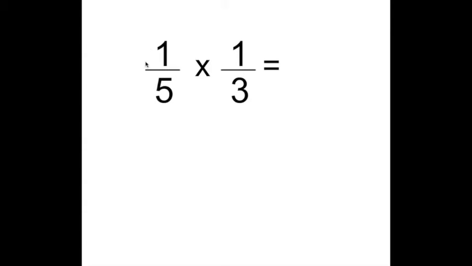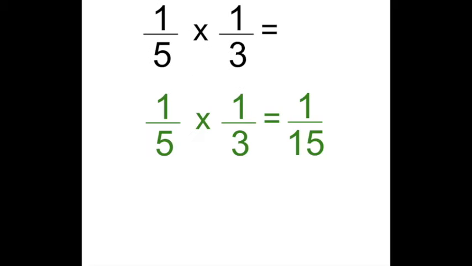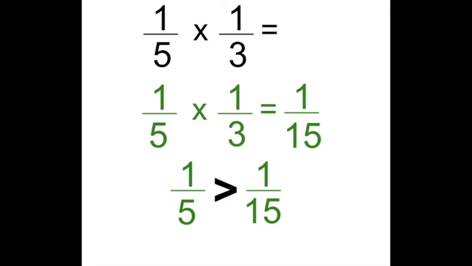When I multiply a fraction times a fraction, now both of these fractions represent things less than one whole. 1/5 times 1/3, you just multiply across, and I get 1/15. If I think about the original value here, the original fraction I have is 1/5. 1/5 is larger than 1/15, because remember, the bigger the denominators, the smaller the pieces that you have.